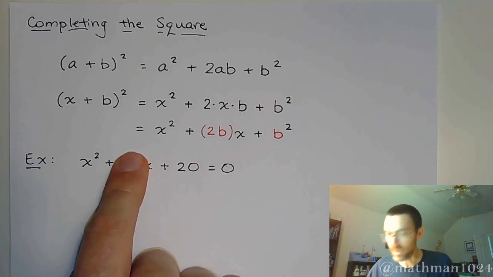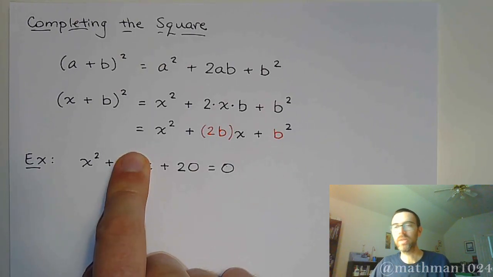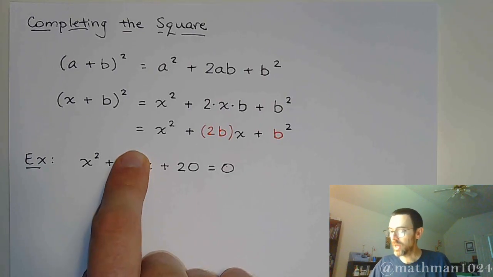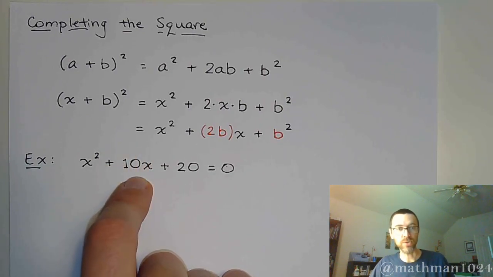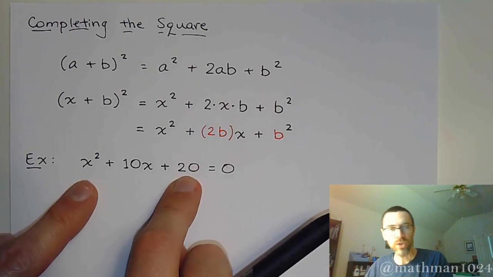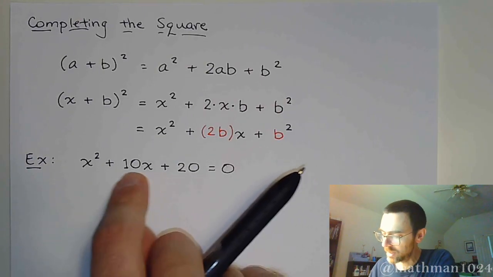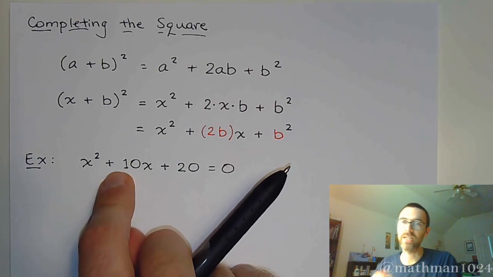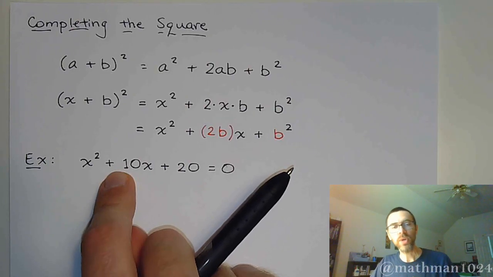If I just had x squared plus 20, yes, square root property all day long. But since we have 2 terms where we have the variable, we can't use the square root property. And instead, we want to try to factor. However, this does not factor. You could look for factors of 20 that will add to give you 10, but you just can't find anything that works. So we're going to do something else.